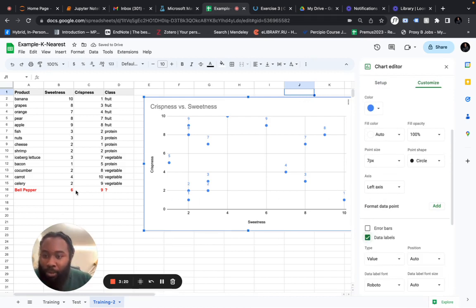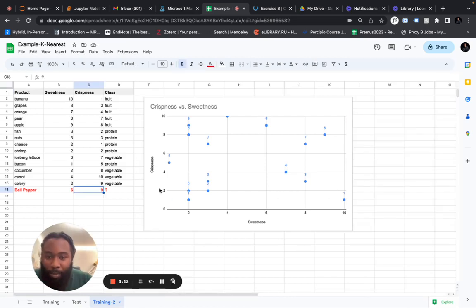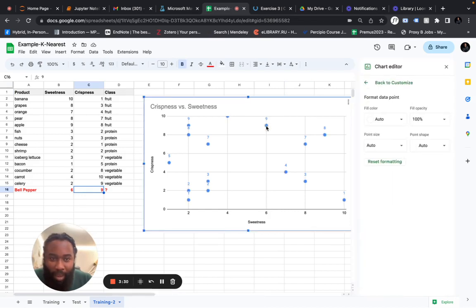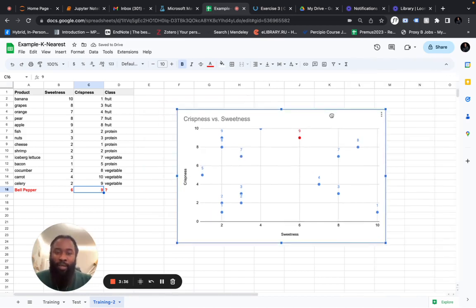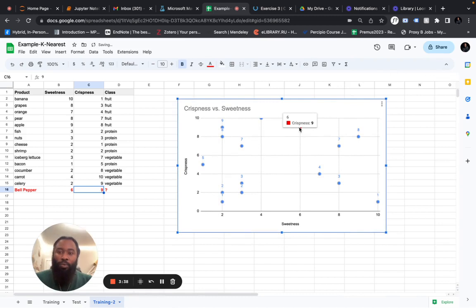And this is our new object, our bell pepper. It's at position sweetness 6 and crispness 9, which is this guy. So let me highlight this. All right, so look at this point. We need to classify bell pepper based on sweetness and crispness.